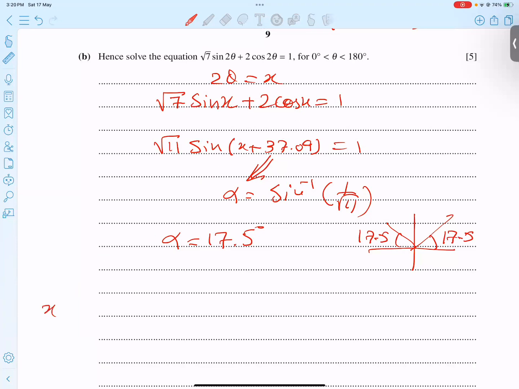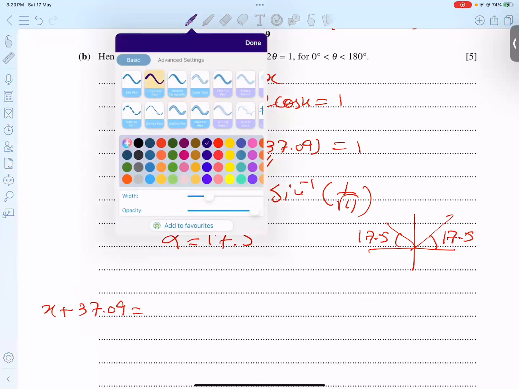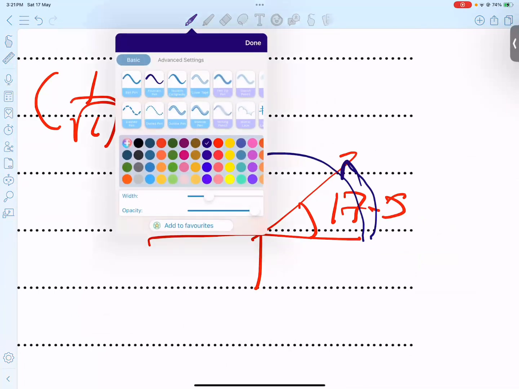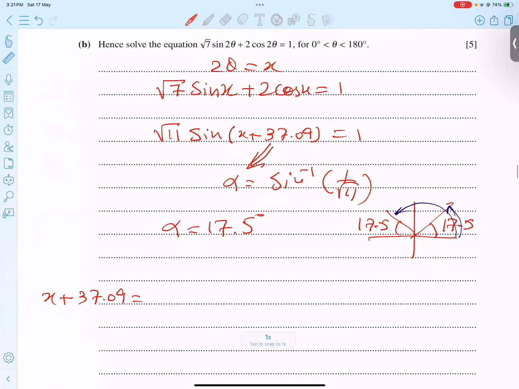I'm writing here x plus 37.09. So what is my first answer? Check it carefully, please. My first answer is this, the second answer is this. So I'm getting 17.5 and 180 minus 17.5. But you will be surprised to know that we have to replace this later by 2 theta.